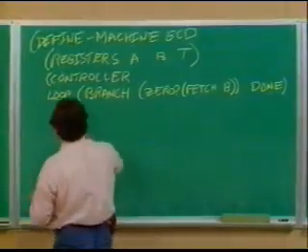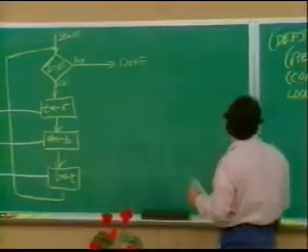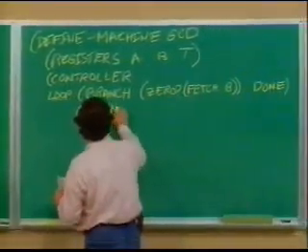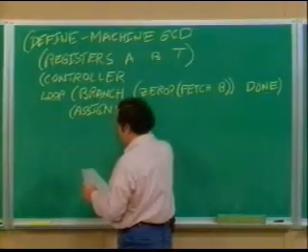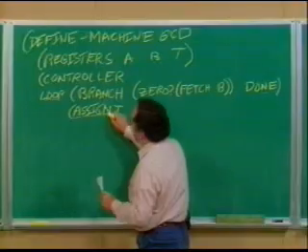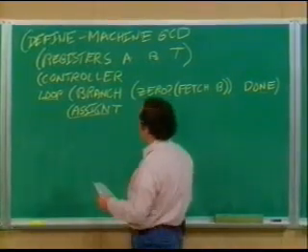Next thing we're going to do is say, how do we do T gets R? That's easy enough. So assign. We assign to T the remainder. Assign is the name of the button. That's the button pusher.